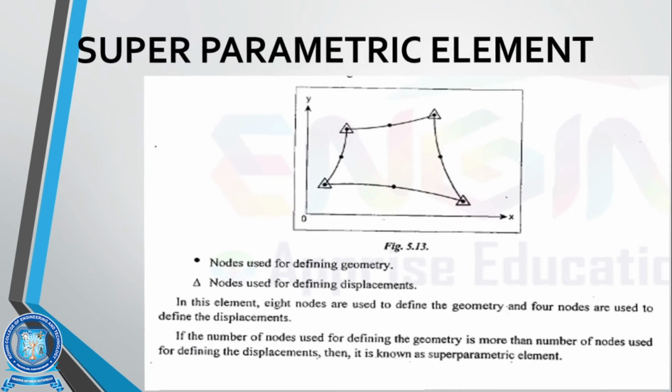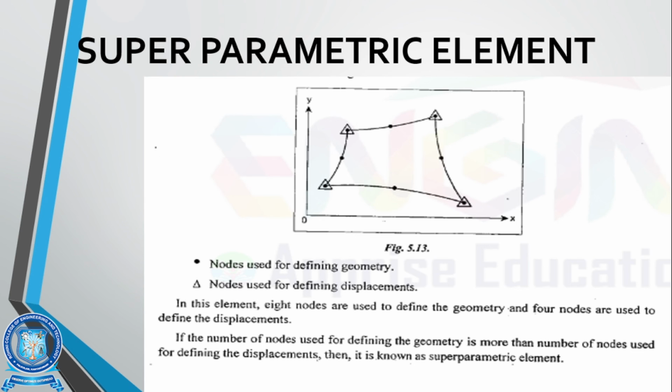Now superparametric elements. Here 8 nodes are there. 4 nodes are defining the geometry as well as displacements, and 4 nodes are defining only geometry.